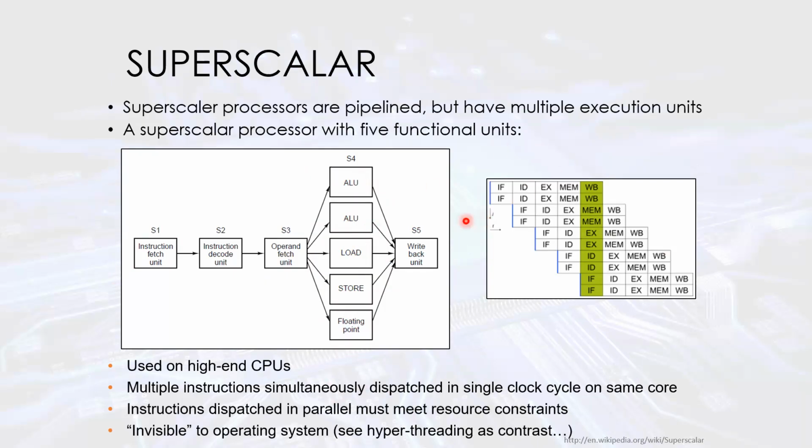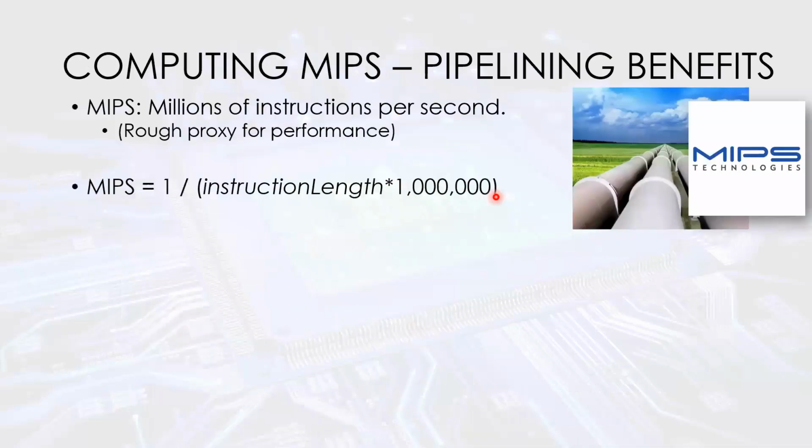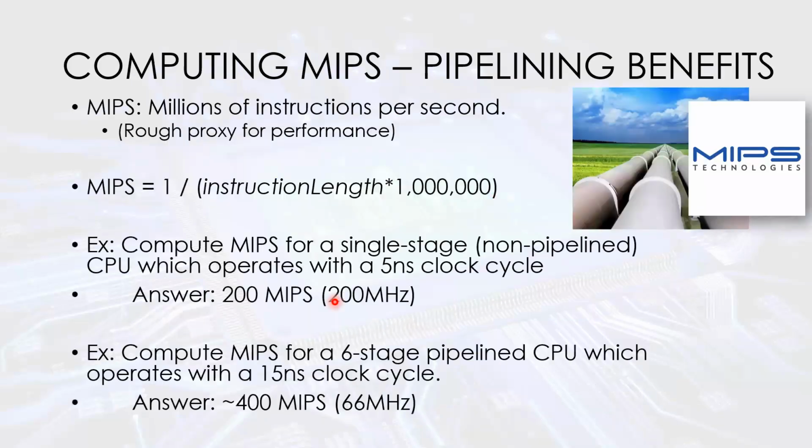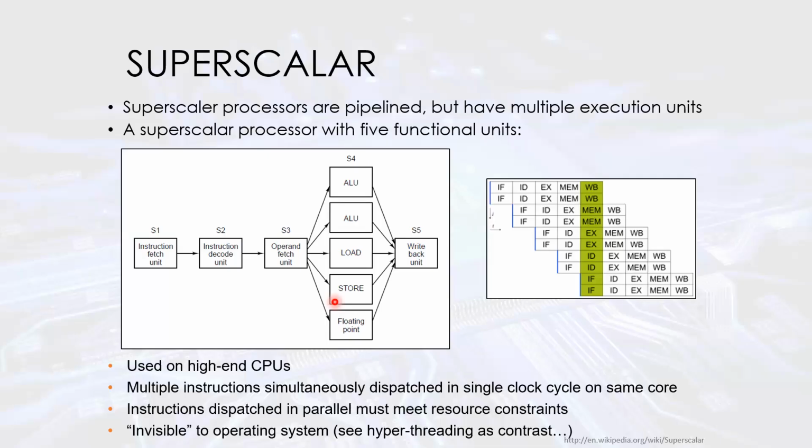So with superscalar, you can get something like this where you're actually dispatching 2 instructions at a time, right? In the previous slide where I showed the pipelining, there was only ever 1 instruction being dispatched at any given time, right? But with superscalar, you can start to do 2 or more depending on the actual setup that you have.